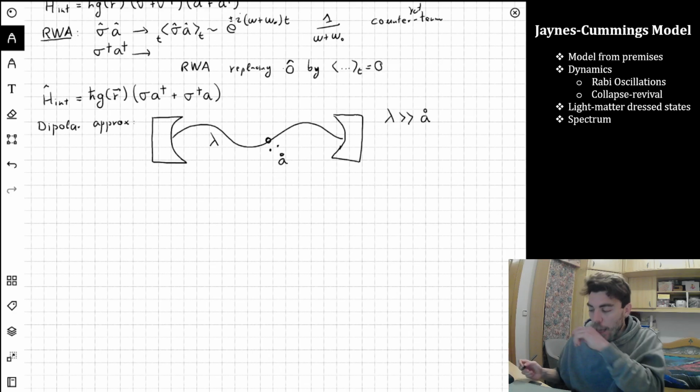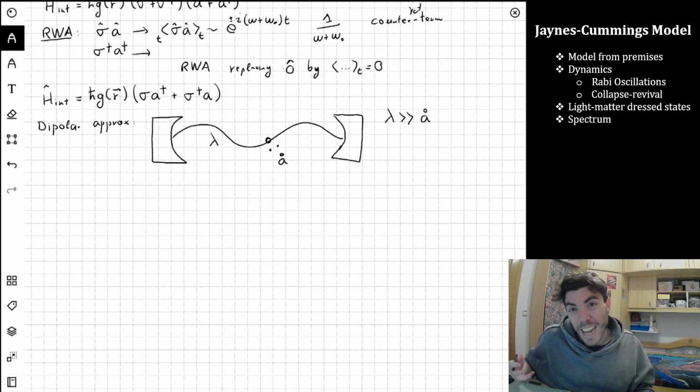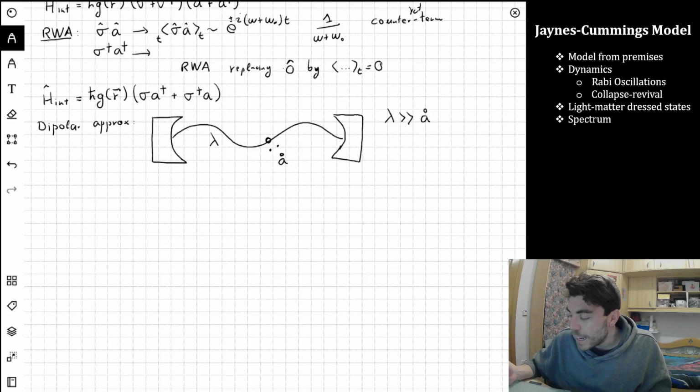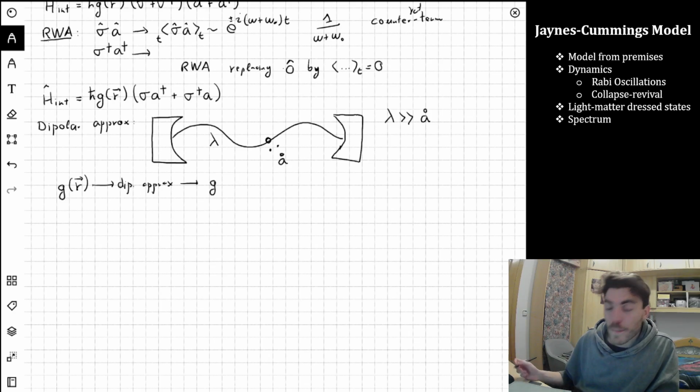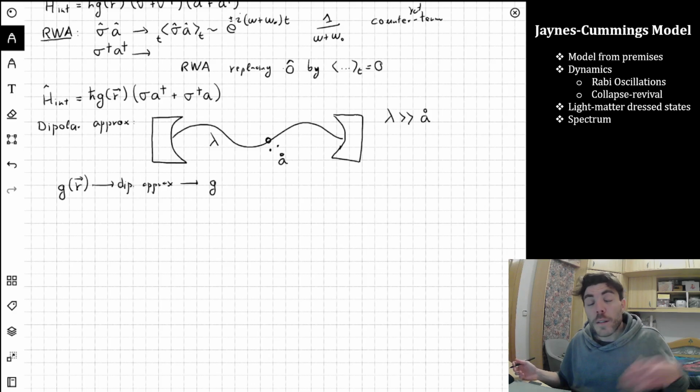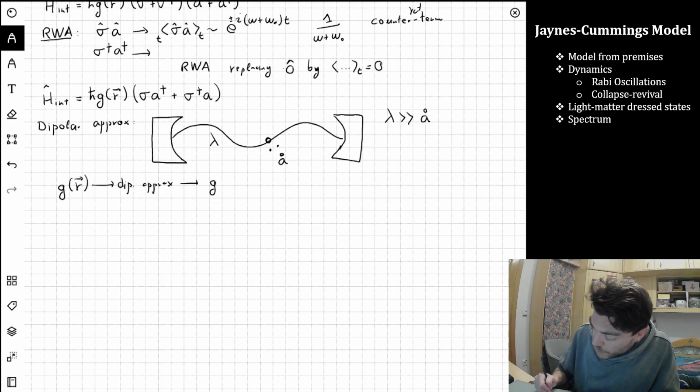This means that in the place where the interaction is happening, the electric field can be considered basically constant. So the coupling constant, which in principle depends on r, becomes under the dipolar approximation an actual constant g, because f(r) is just a number, whatever number it is.